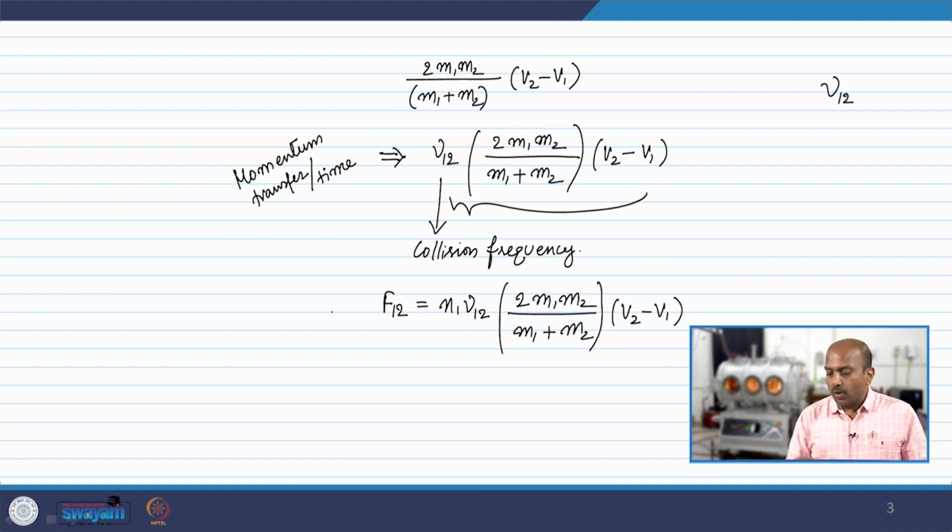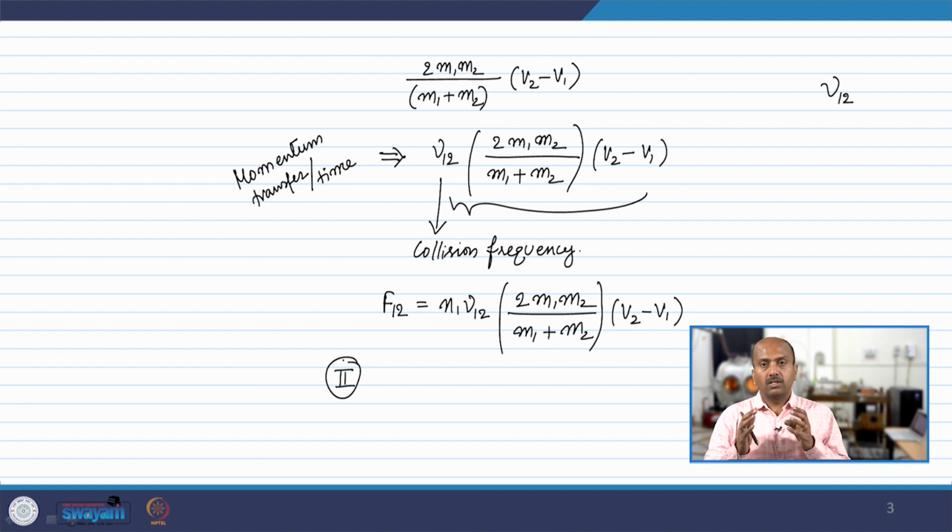Now, this is one side of the coin. Species 1 colliding with species 2 has resulted in this. You can also look at it in another way, saying that species 2 is colliding with species 1.